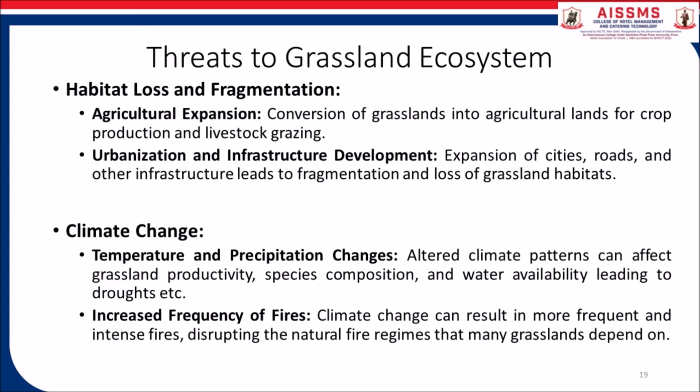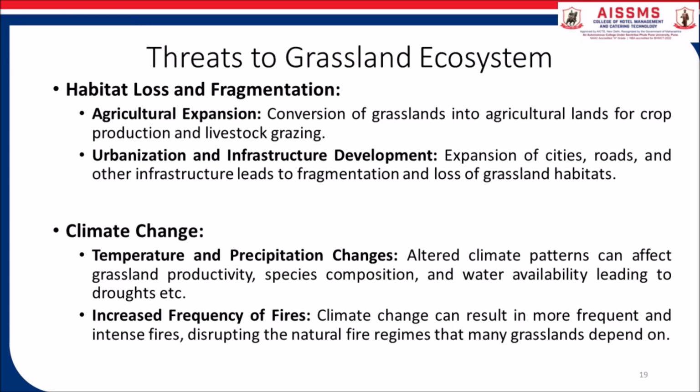Agricultural expansion has led to conversion of grassland into agricultural lands for crop production and livestock raising, which reduces the area of natural grassland. Urbanization and infrastructural development for the expansion of cities, roads, and other infrastructure lead to fragmentation and loss of grassland habitat.